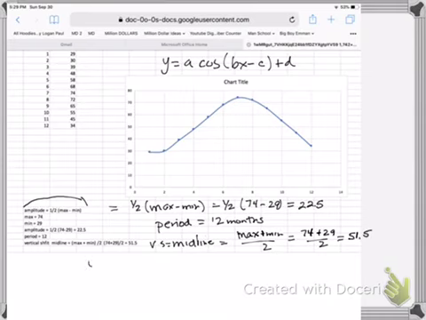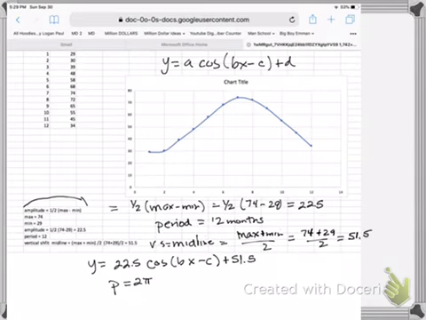So far for your equation, you have y is equal to 22.5 cosine of bx minus c plus 51.5. And we can find what the b is because we know that the equation for the period is 2 pi over the absolute value of b, or just b in this case. If we substitute 12 for p and set that equal to 2 pi over b, we can solve for b by multiplying both sides by b, and we get 12b is equal to 2 pi.